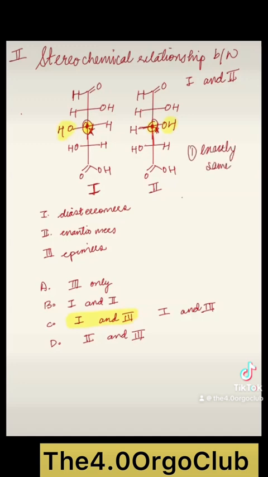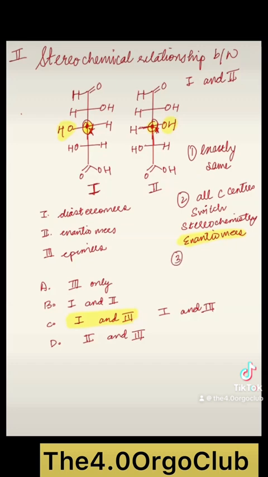And if all of the carbon centers switch stereochemistry, meaning all of them go from R to S or S to R, then you would call them enantiomers. But if only some of them switch stereochemistry, not all of them, they're called diastereomers.